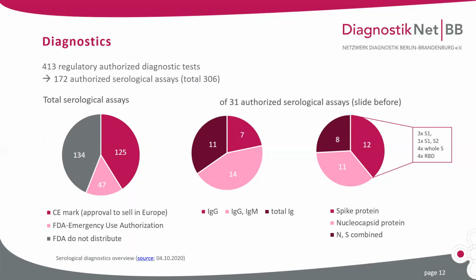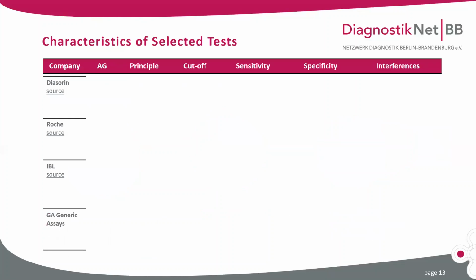And on the far right of the diagrams, which antigen is being measured, and here you see the distribution between spike protein, nucleocapsid protein, or a combination of both of them. So all the variations are on the market and available, and the user has to decide for himself which to use and validate by himself. There's no final validation or final opinion on that on the market yet.